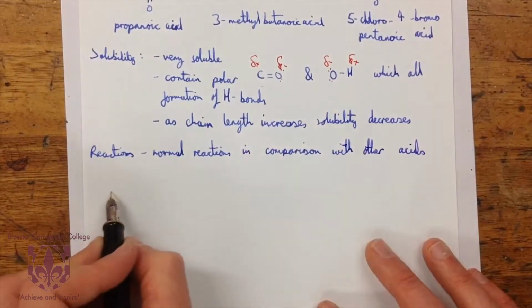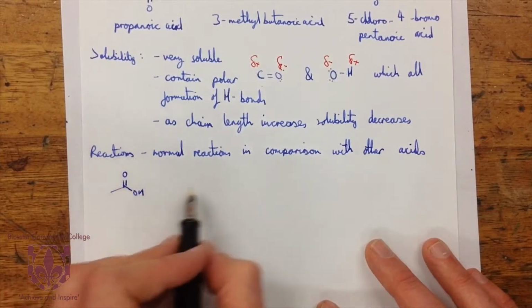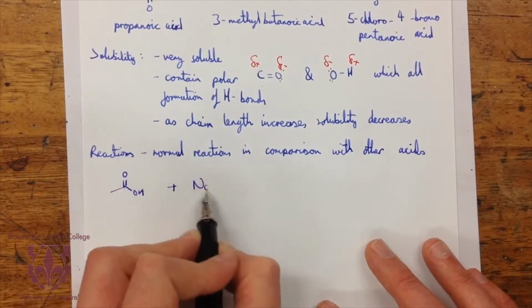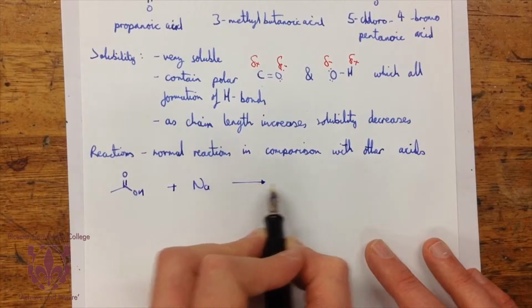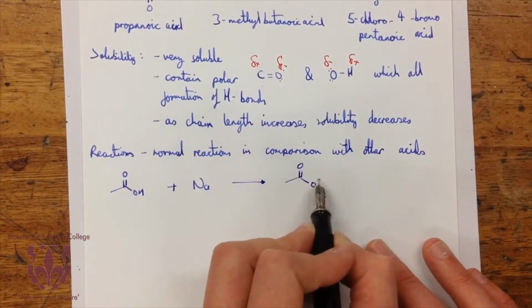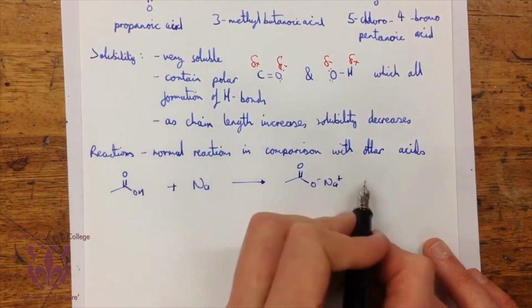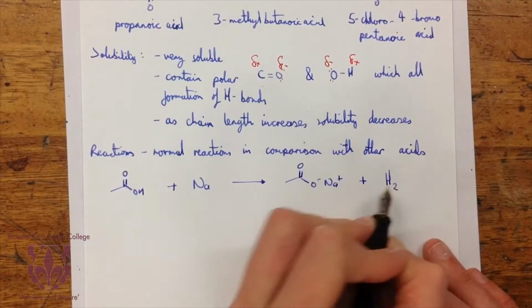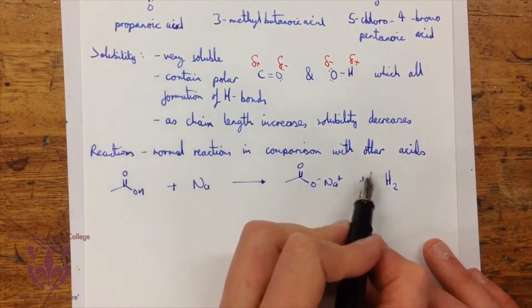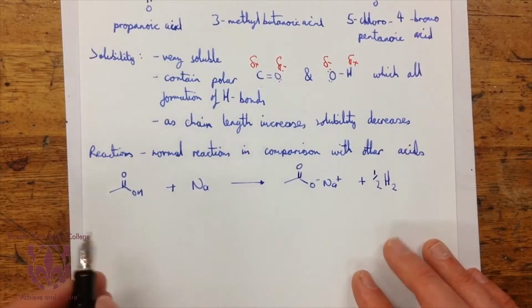Okay, so we're going to start with ethanoic acid because it's only got 2 carbons and it saves my space. If we react it with a metal, so we pick sodium, we're going to get this compound, and that is a salt. So acid plus metal goes to salt and hydrogen. I'm going to put a half on the H2; you could do 2s, it's up to you.